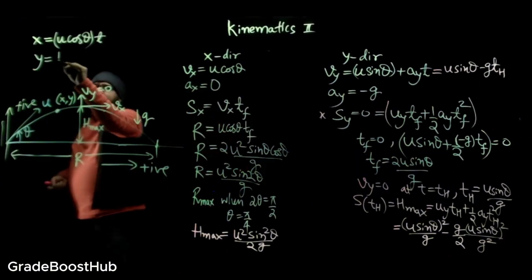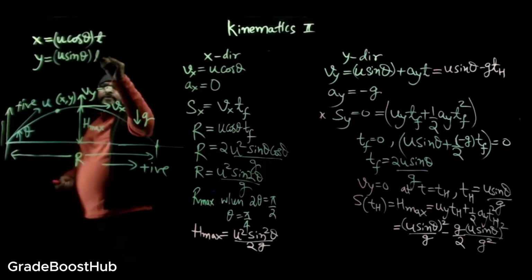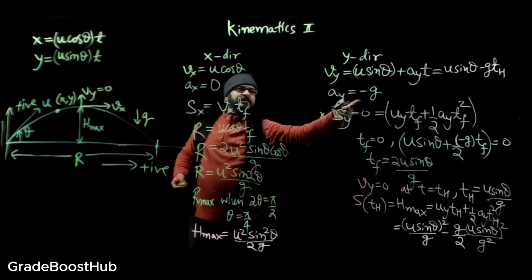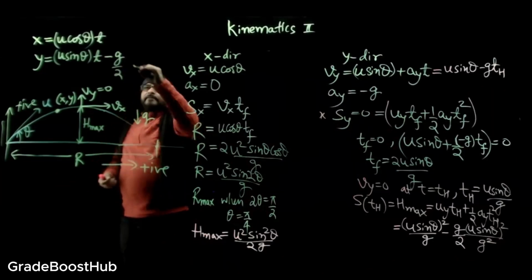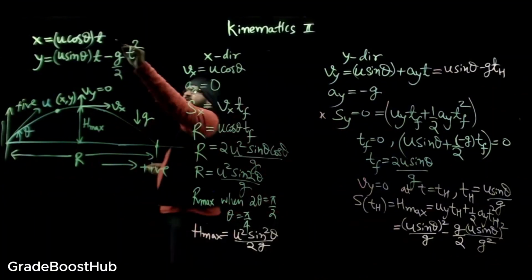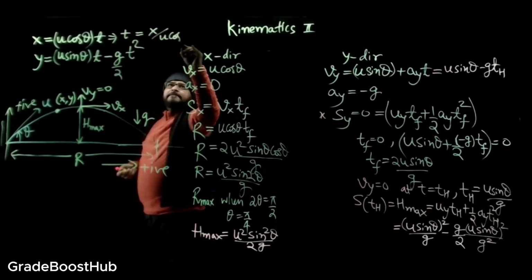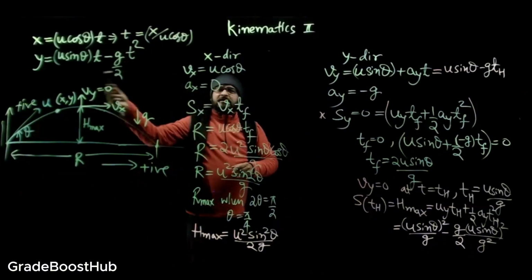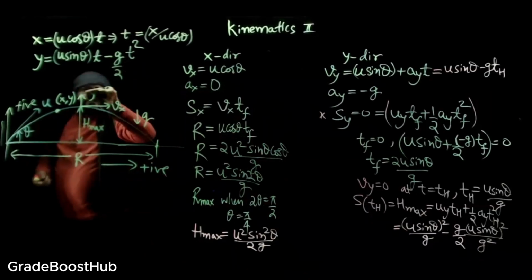Now y is equal to u sine theta times t plus half ay t square. Ay is minus g, so minus g by 2 t square. From this, you can get time as x by u cos theta, and if you plug it in here, you would get the equation of the trajectory.